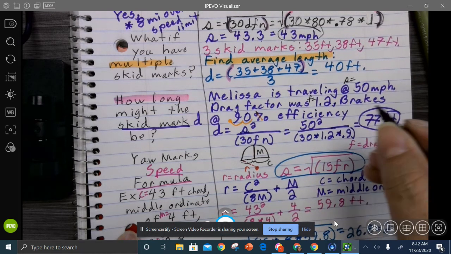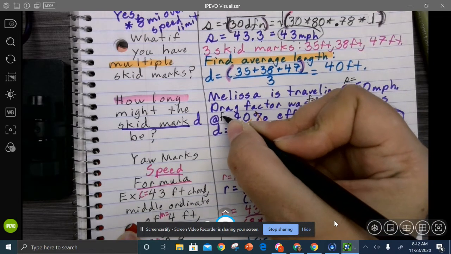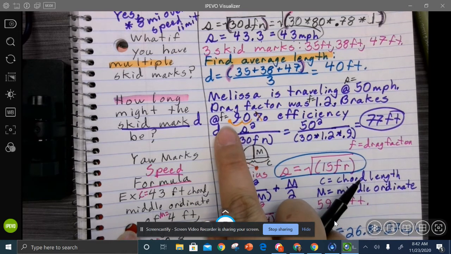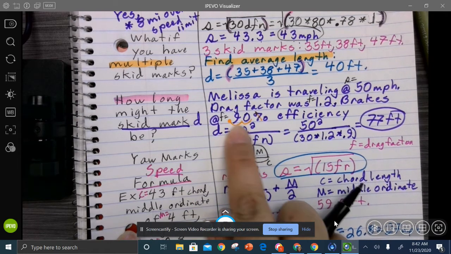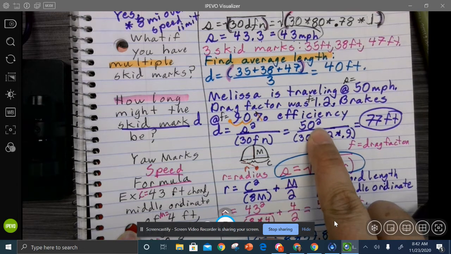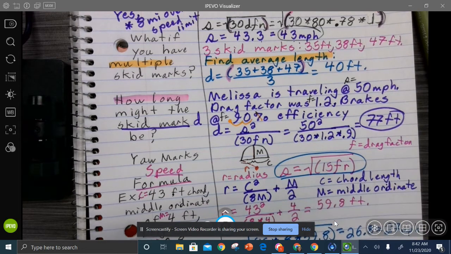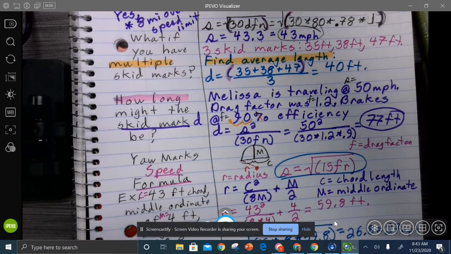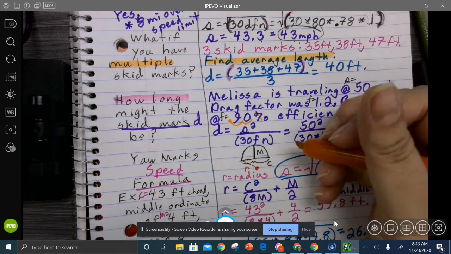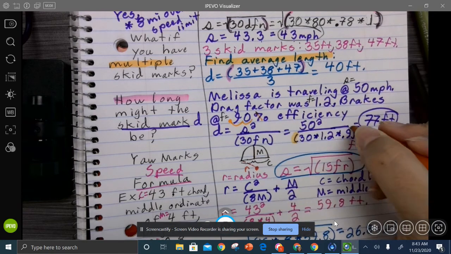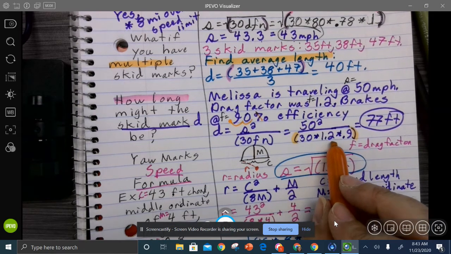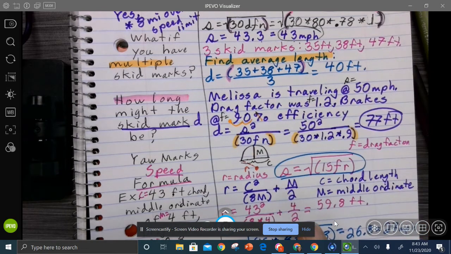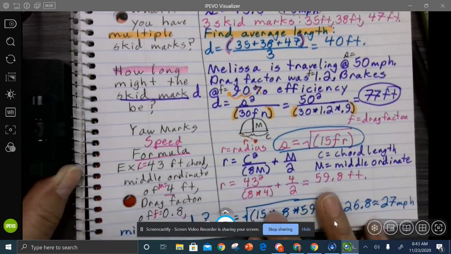Her brakes were working at 90% efficiency, so we drop the percent sign and move to the left, giving us 0.9. So 50 squared divided by, and yes, you have to use the parentheses right there, 30, remember 30 is just part of the formula, times 1 and 2/10 times 0.9, and we get 77 feet. So the skid marks might be 77 feet.